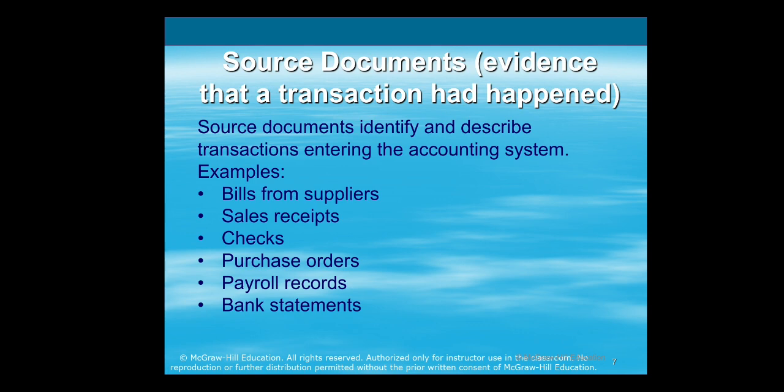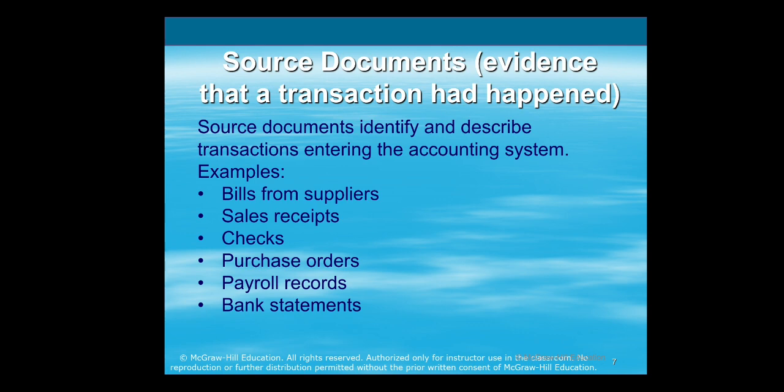That receipt shows that a sales transaction had happened. If the business purchases something from a supplier, the business will receive a receipt or invoice. Then that document shows the business transaction had happened.